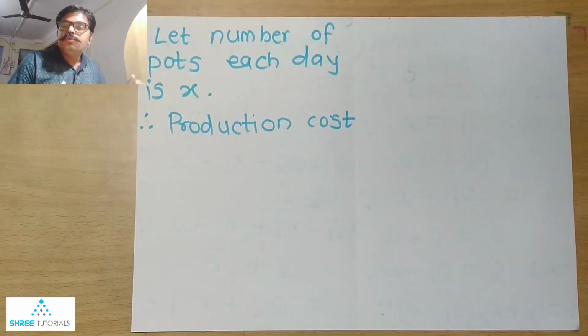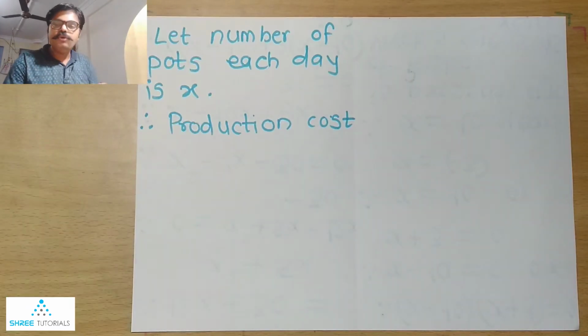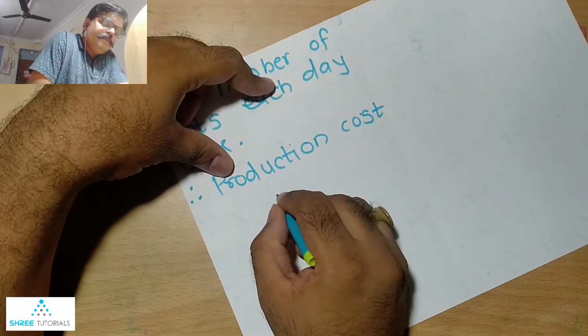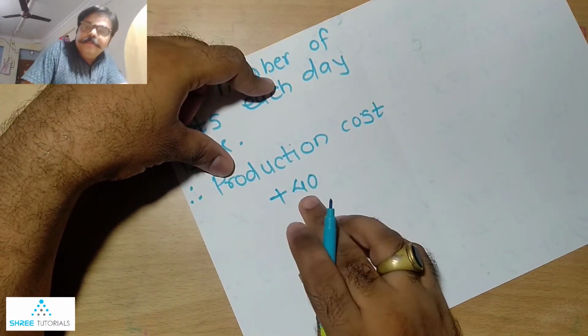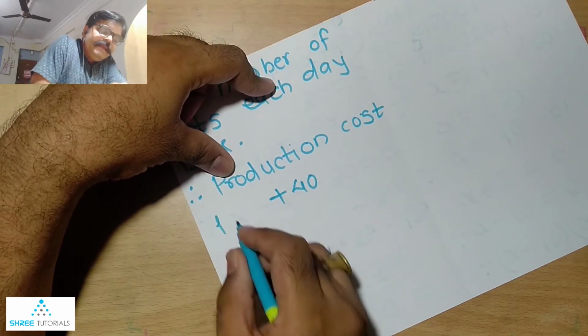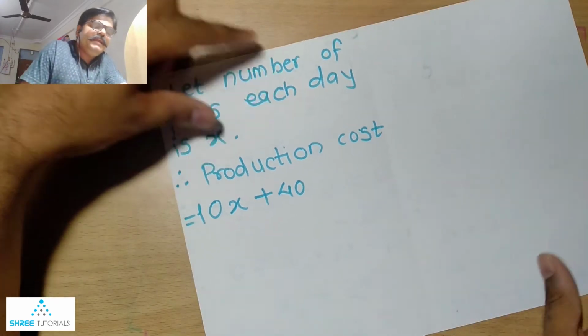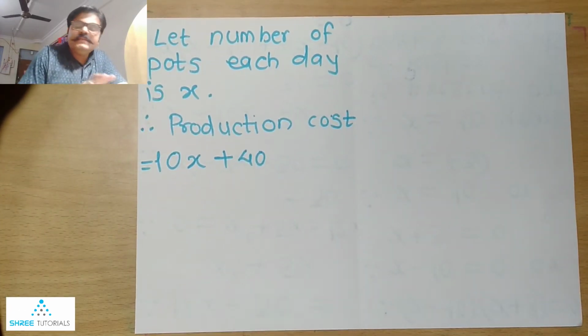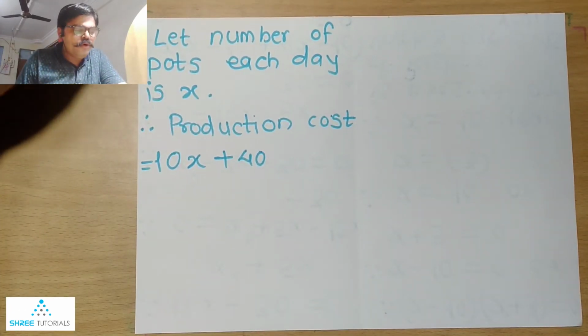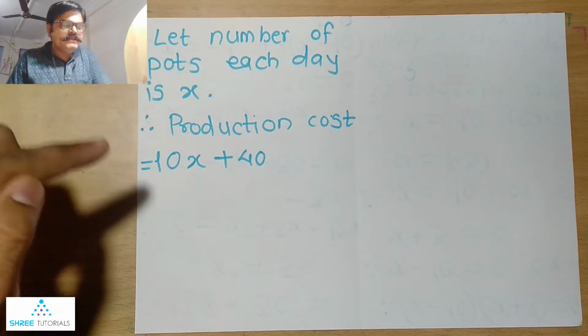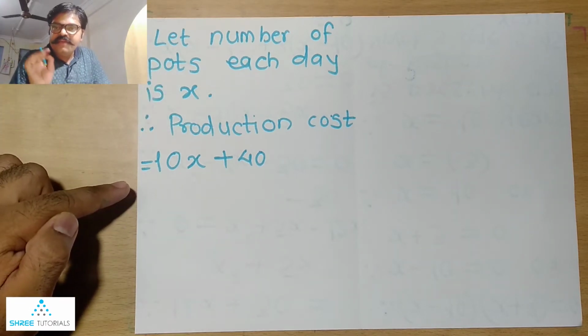And okay, so what we can calculate is that the production cost of every pot will be given by 40 more than 10 times the total pots made in every day. So basically x is the total number of pots made in each day, and that is the production cost of every pot.